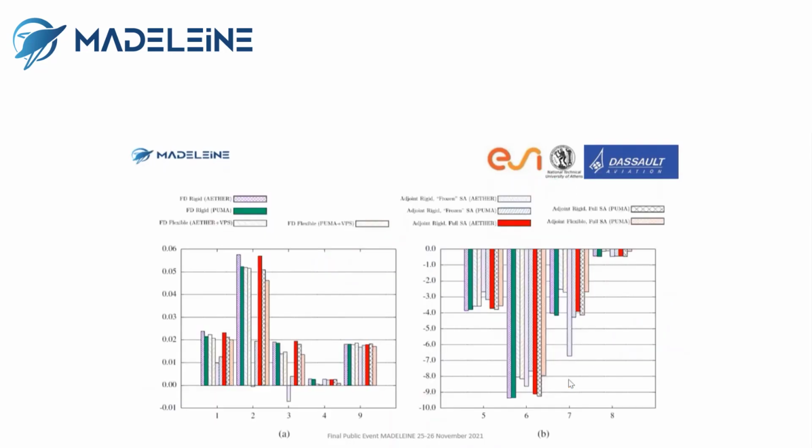On this slide, some comparisons have been done. What we want to demonstrate here is that it was needed to differentiate the turbulence terms, here the Spalart-Allmaras, in order to obtain accurate results. We compare for different variables.